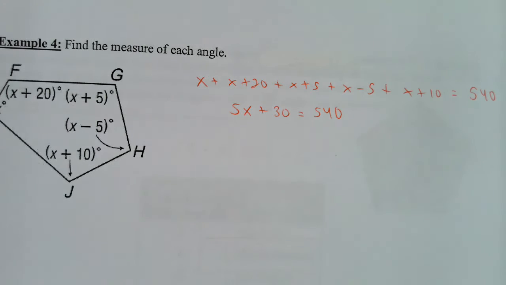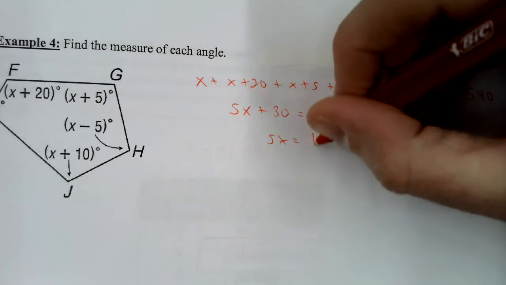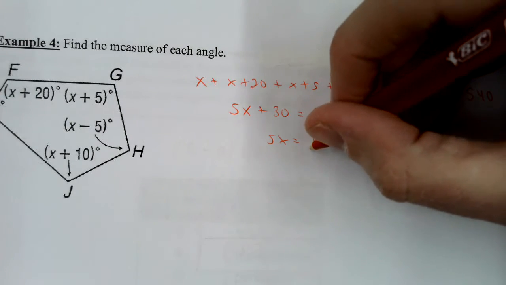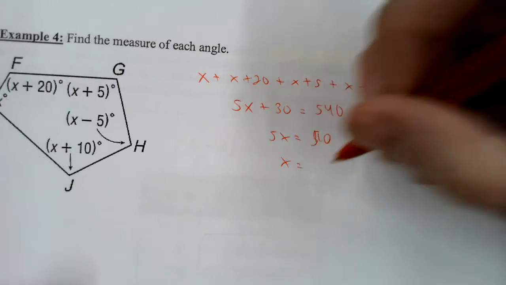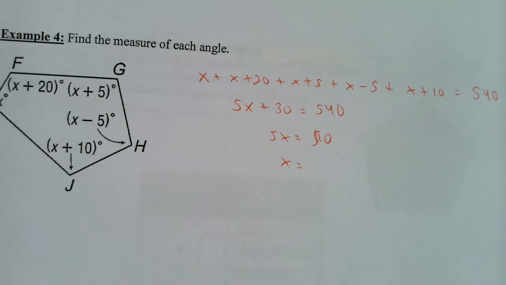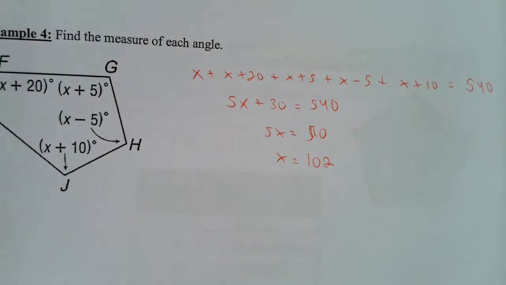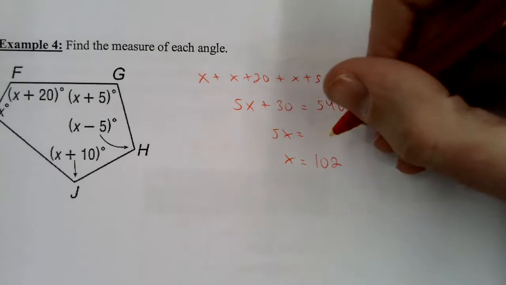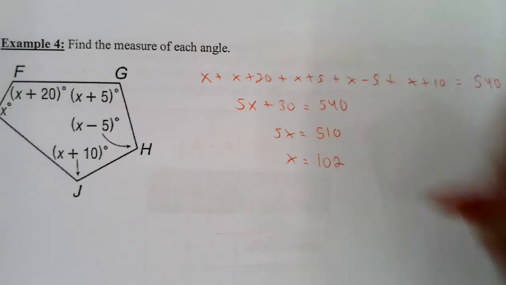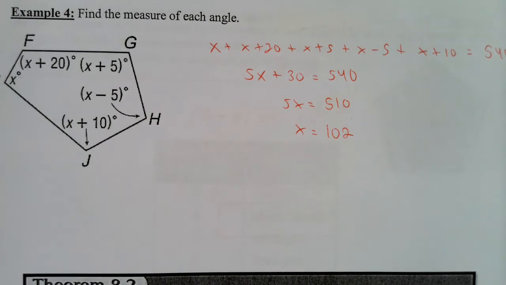Let me just double check that. Yeah, okay. 5x equals 510 actually. Let me make that nicer in a second. Okay. 5x equals 510, x equals 102.